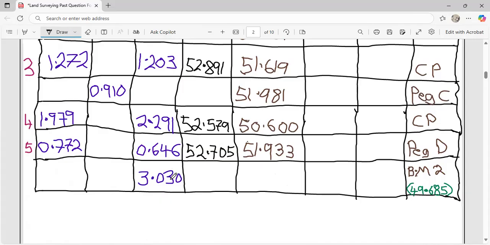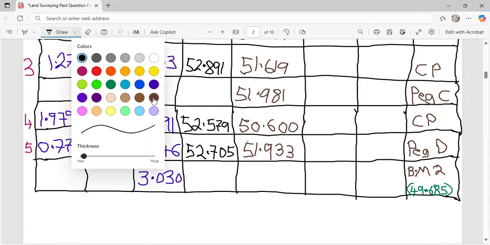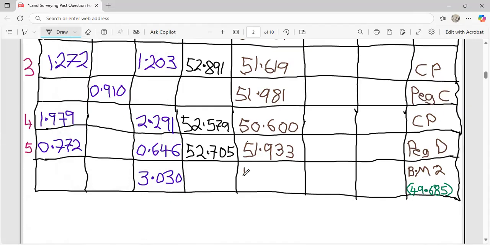So our answer for our last initial reduced level is 49.675.